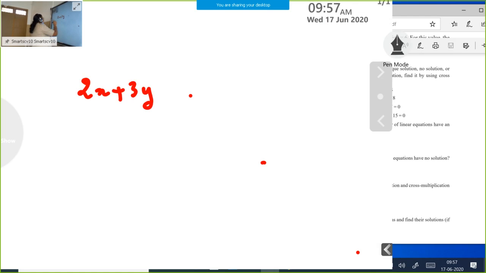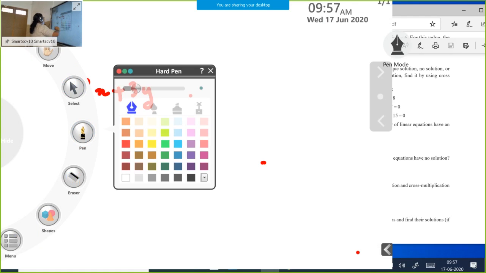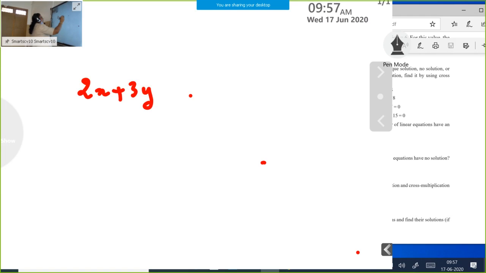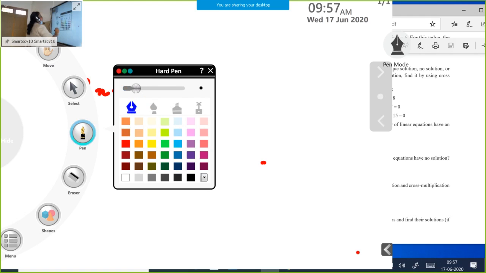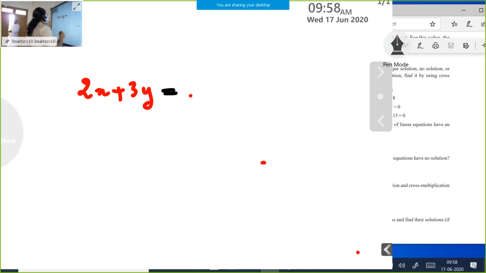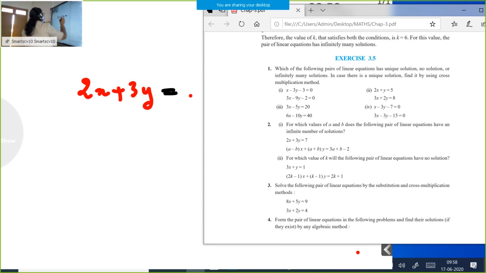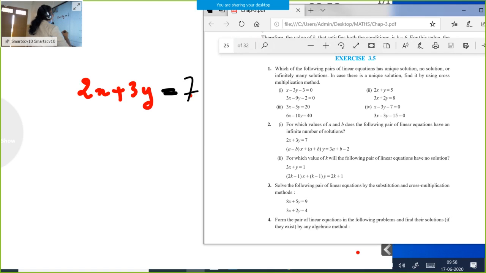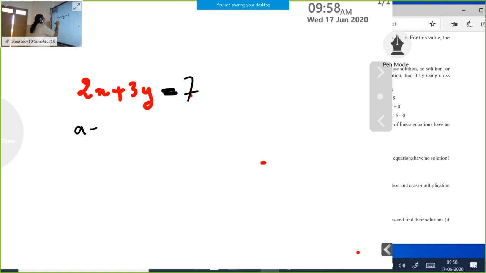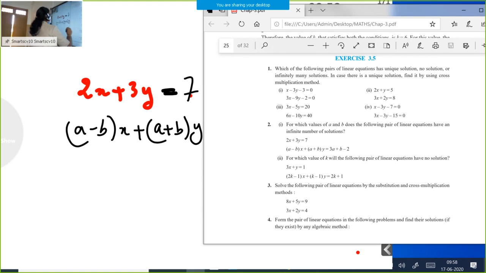Here our question is 2x plus 3y is equal to 7, and the second equation is (a minus b)x plus (a plus b)y is equal to 3a plus b minus 2.